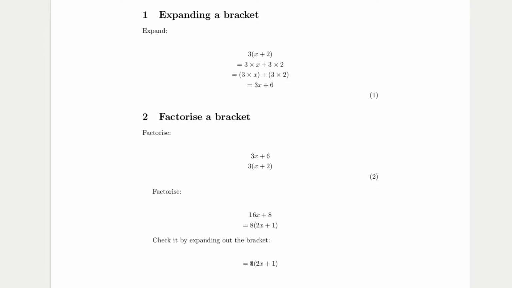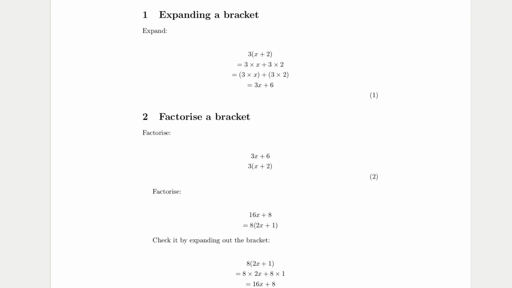We're going to take 8, times it by 2x, 8 times by 1, and we should get the same expression that we first of all factorised. So we should be hoping to get this expression. So 8 times 2x plus 8 times 1, and now we'll evaluate it. And indeed, this does equal the expression that we initially factorised, so we can be confident that the factorisation we did was correct.